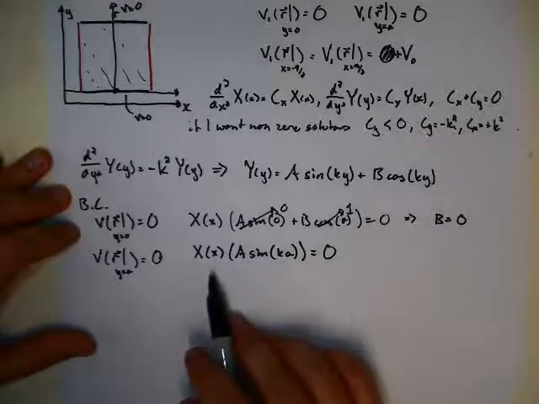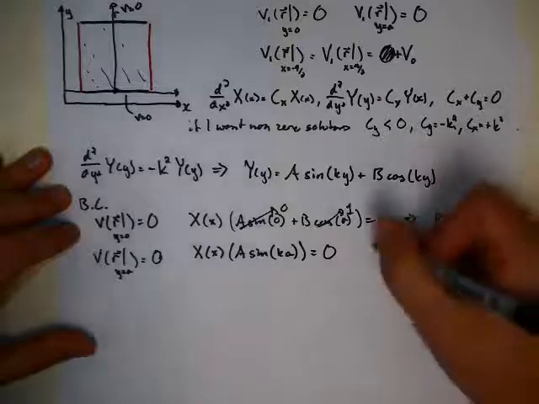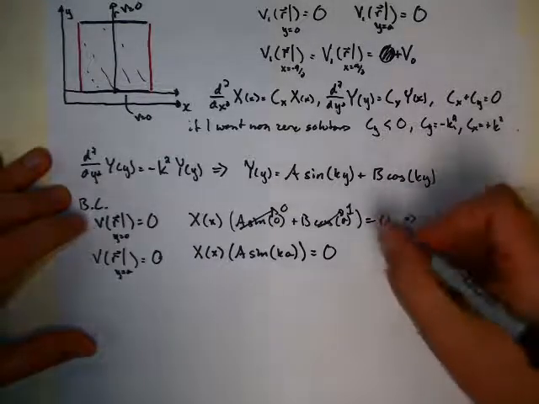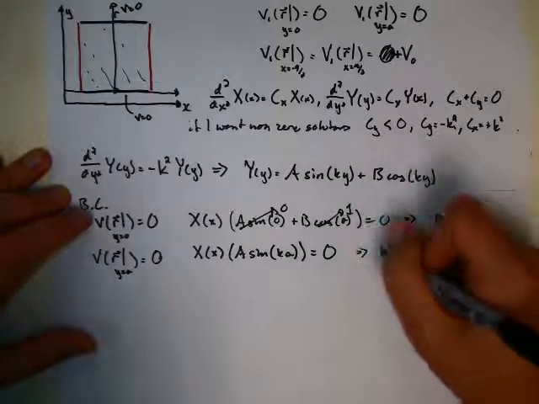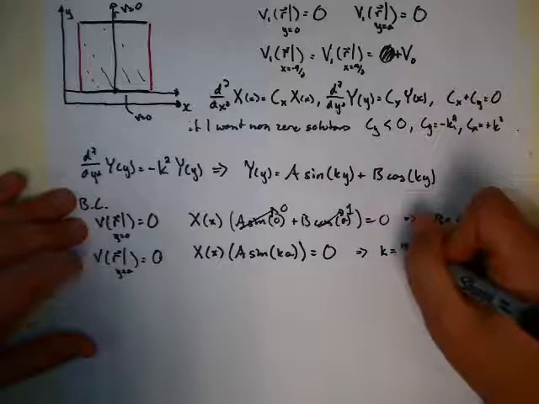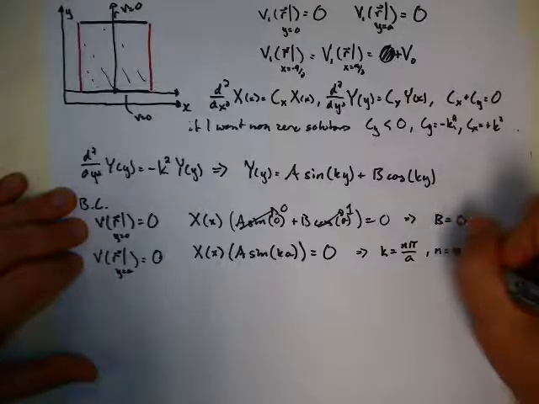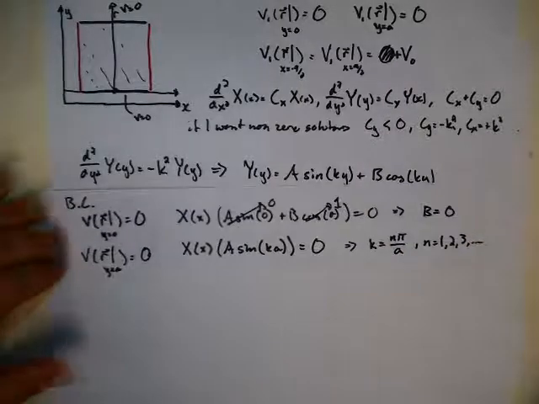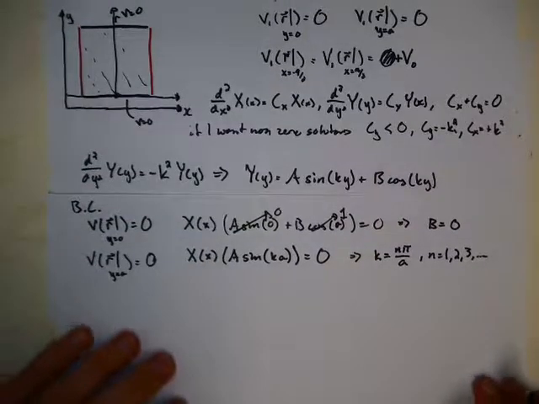X can be whatever it is, it's also not 0, so sine of ka has to be 0. This puts a condition that ka must be some integer multiple of pi, that's where the sine is 0. And so that condition translates to k is n pi over a, where n is an integer. And that's the condition we're going to go with.